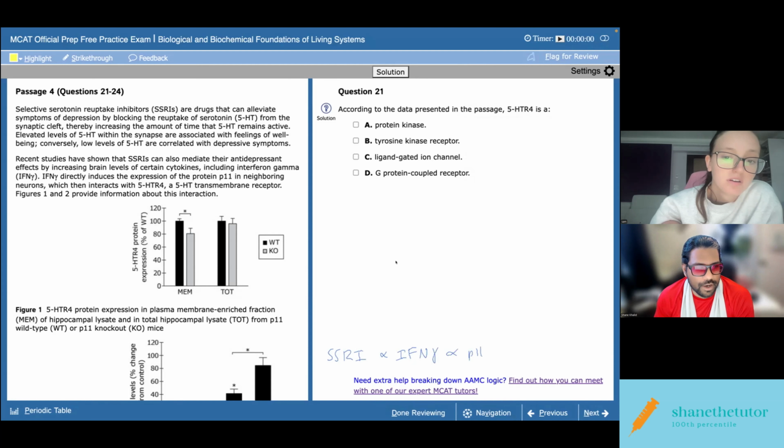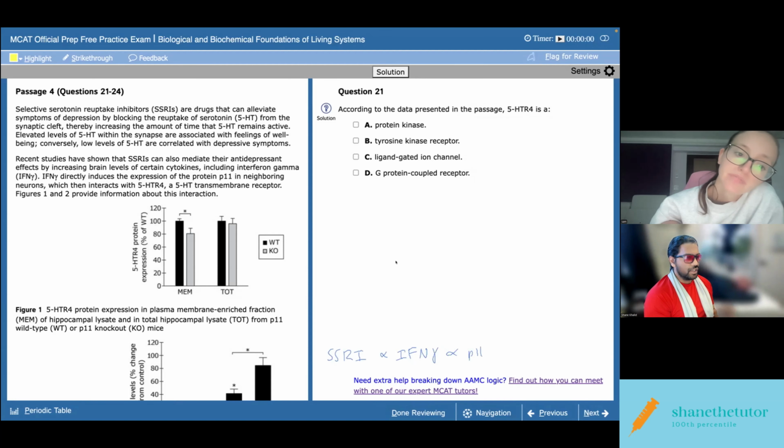Let me think about how to put "interacts with." I don't think it tells us until we look at the table what the relationship is. We don't know if it's a positive or negative correlation, so let's see what we get.